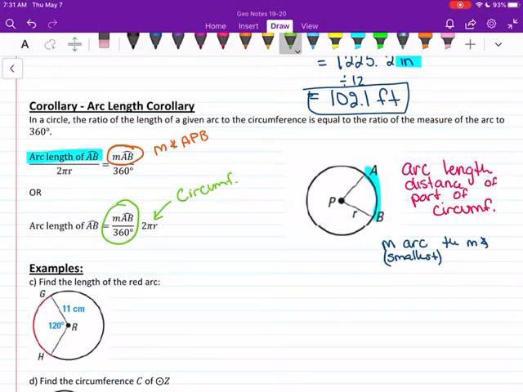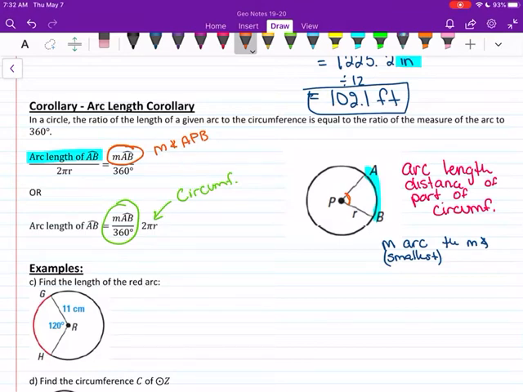And if I know that angle measure, that central angle here, I can say that's a piece of the whole 360 degrees. So if it's 180 degrees, for instance, 180 divided by 360 is a half. And so I would want the distance of half of the circumference. So that's where that measure of arc AB over 360 comes from. It's just the fraction of the circle I'm looking at.